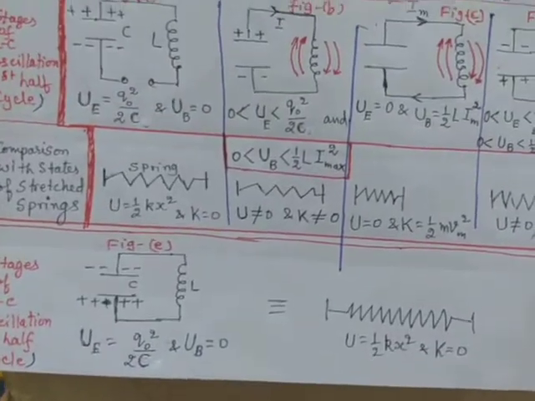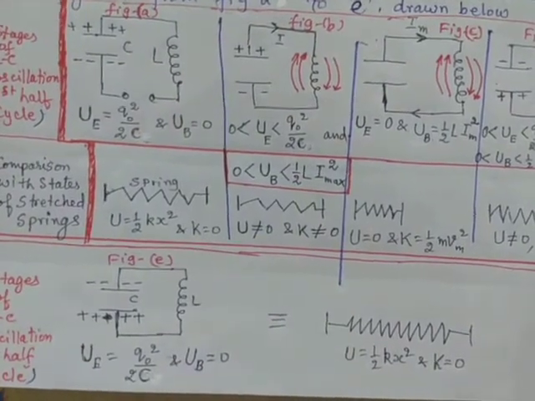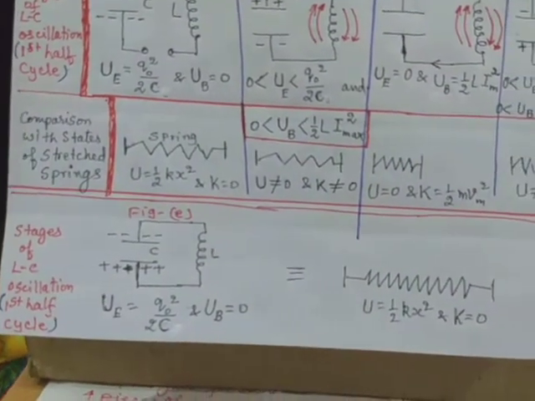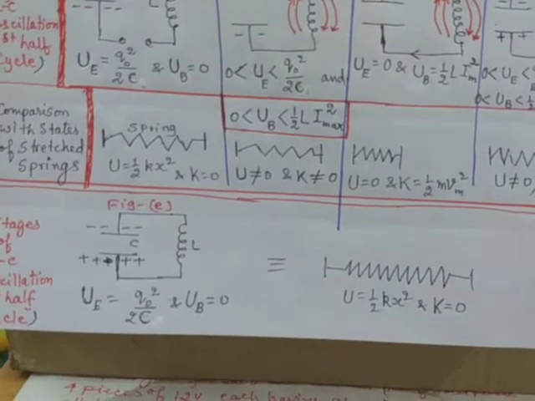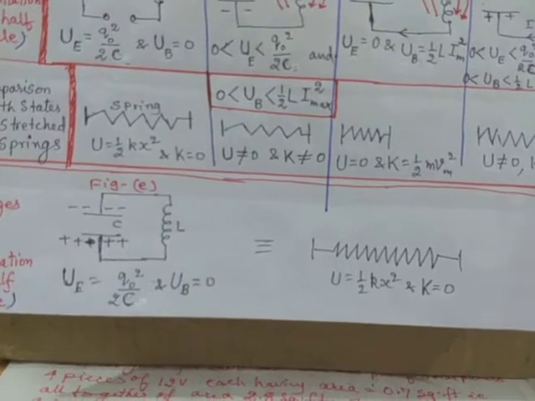Now we have compared all these situations with the stretched spring. When the spring is fully stretched, as you see here, the potential energy is maximum and kinetic energy is 0. K refers to kinetic energy, U refers to mechanical potential energy.